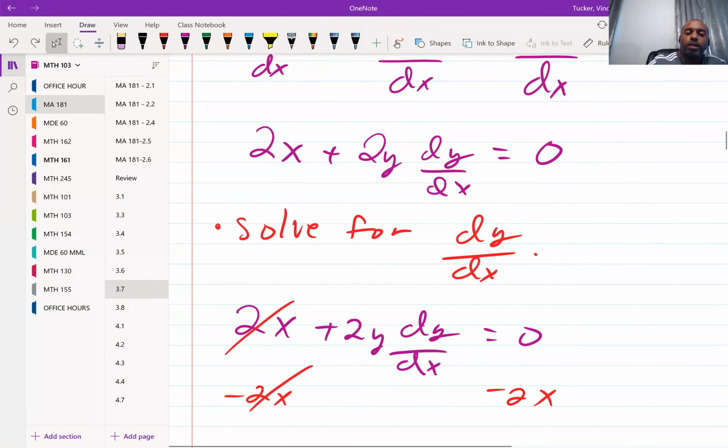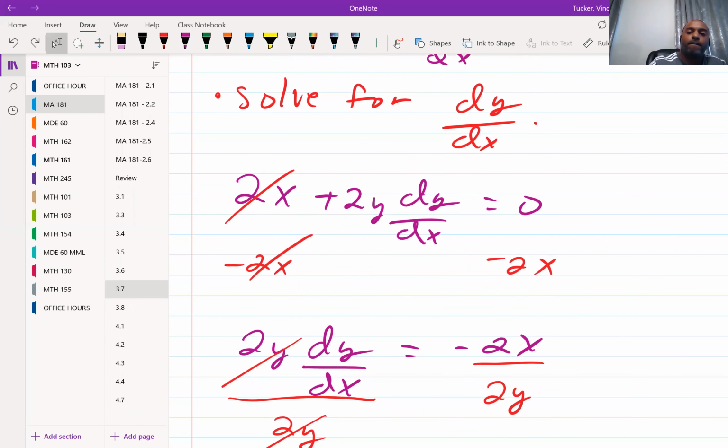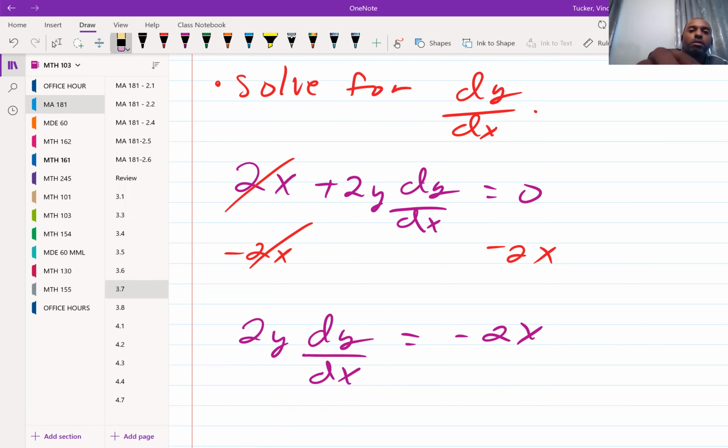So subtract 2x. All right, so subtracting 2x from both sides, that'll give you 2y dy/dx equals negative 2x. Now, divide both sides by 2y.